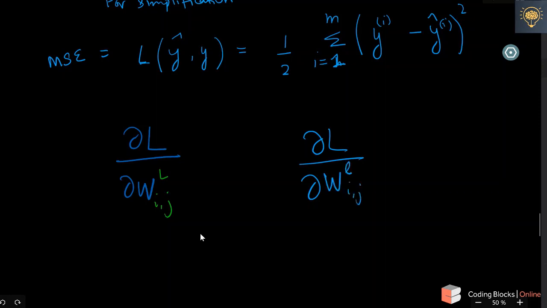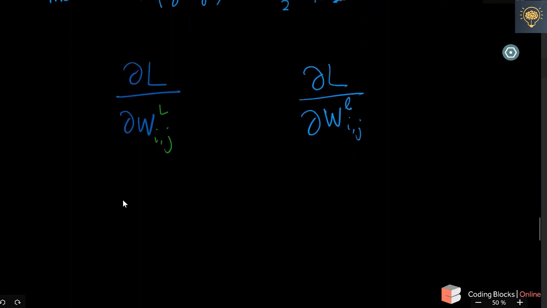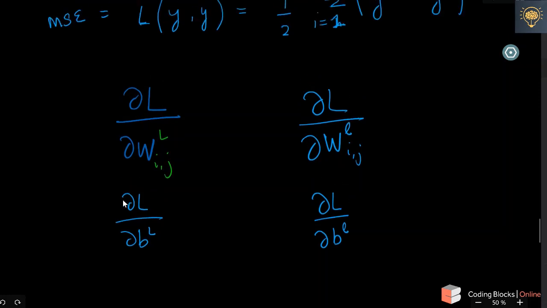So this is what you need to compute, and similarly for the bias term: delta L with respect to delta bias in the last layer and delta L with respect to delta bias in a hidden layer. These are the values you need to compute: how does the loss change if I change one of these parameters?